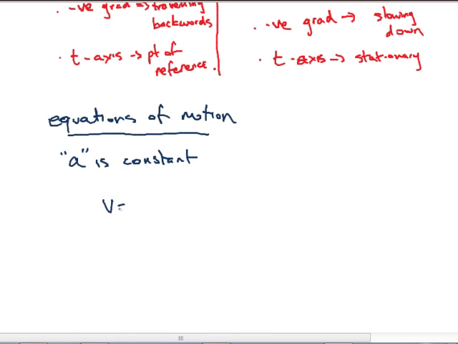So you've got v equals u plus at. Often that's rewritten as a equals v minus u over t. We've got x equals ut plus a half at squared, and v squared equals u squared plus 2ax.